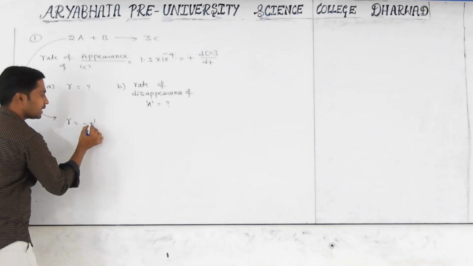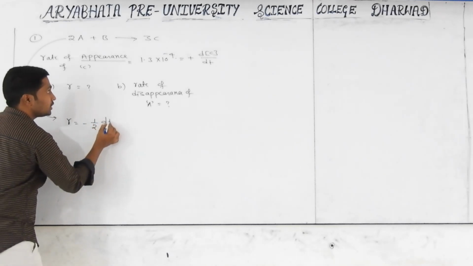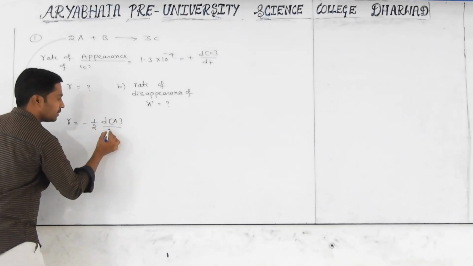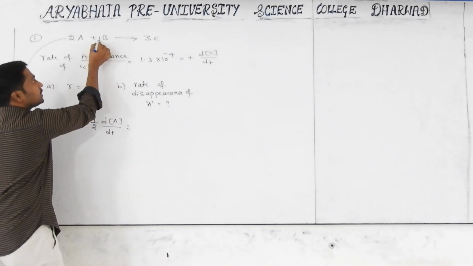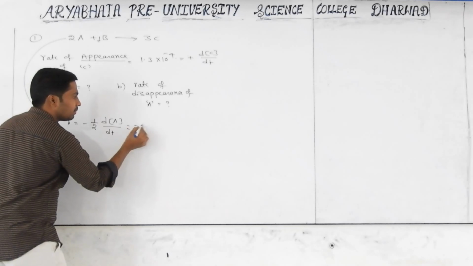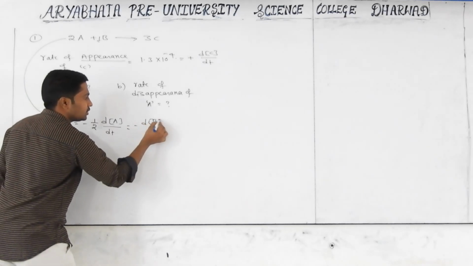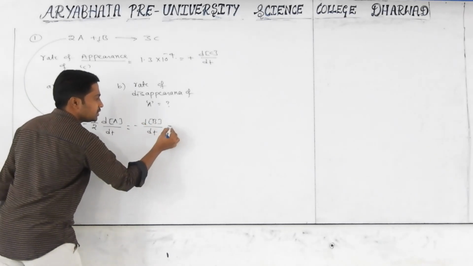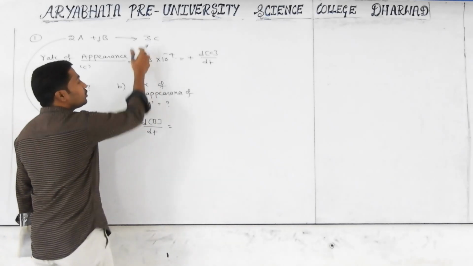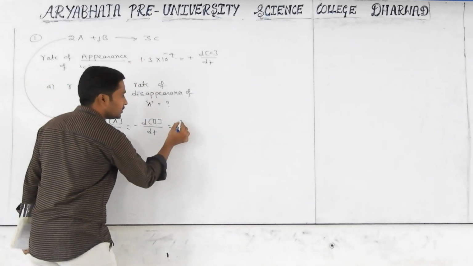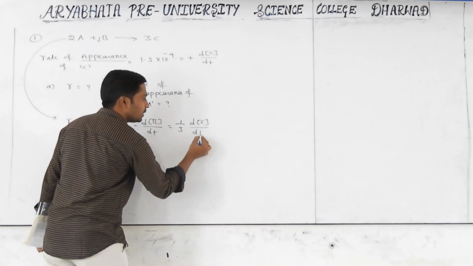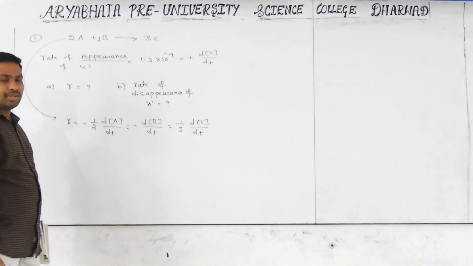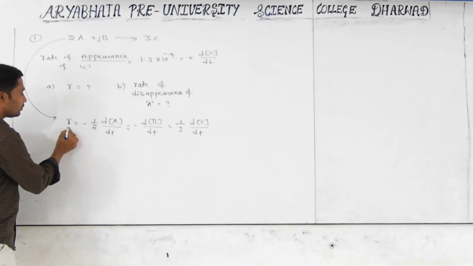Minus 2 can be taken as 1 by 2 into change in concentration of A by time change, or for B the coefficient is 1, so minus change in concentration of B by time change, is equals to, with respect to product no need to write negative, the 3 becomes 1 by 3 change in concentration of C by time change.